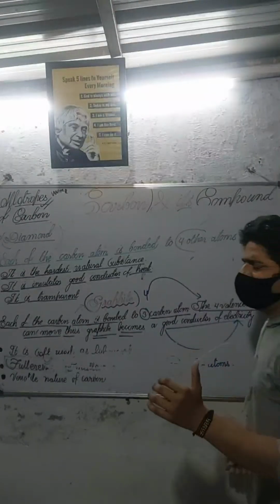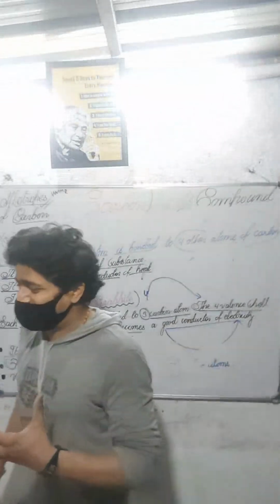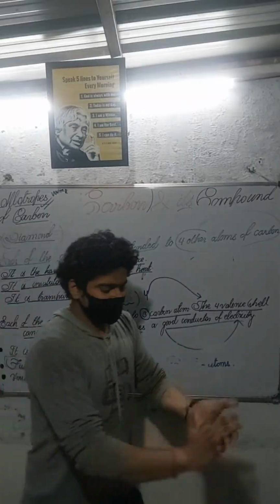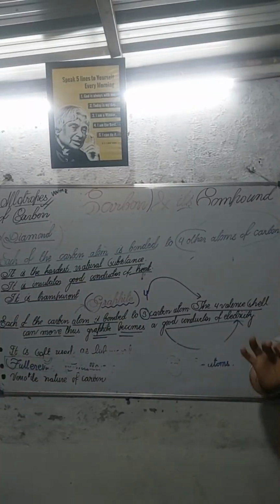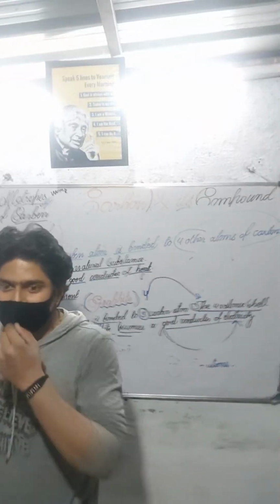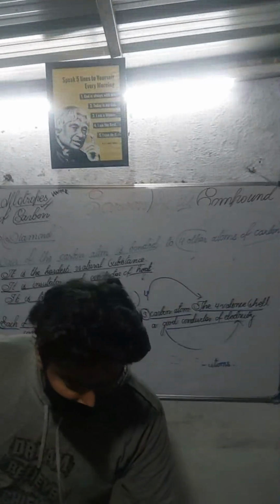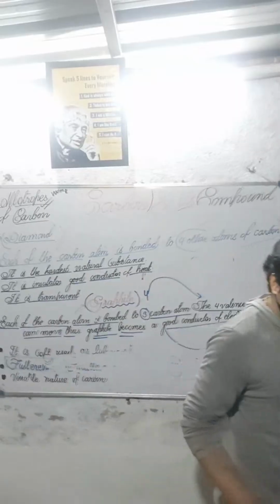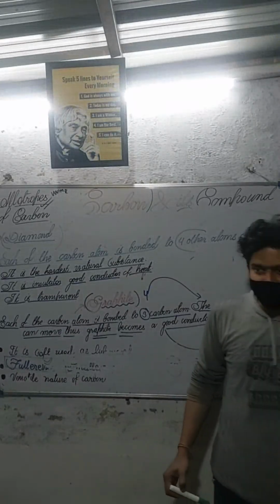Which things make diamond very hard? CBSE 2023 question. Sir, diamond has four atoms. Diamond has four other carbon atoms. Okay.